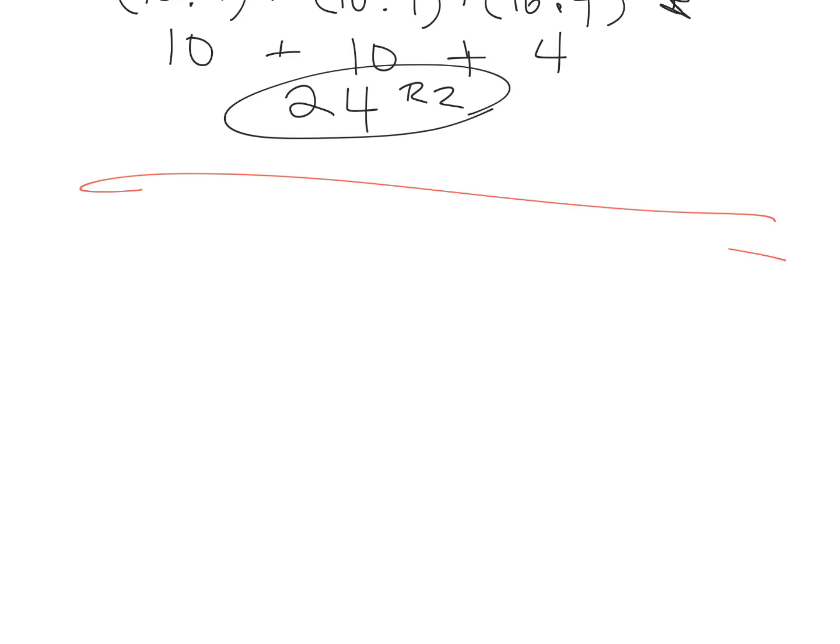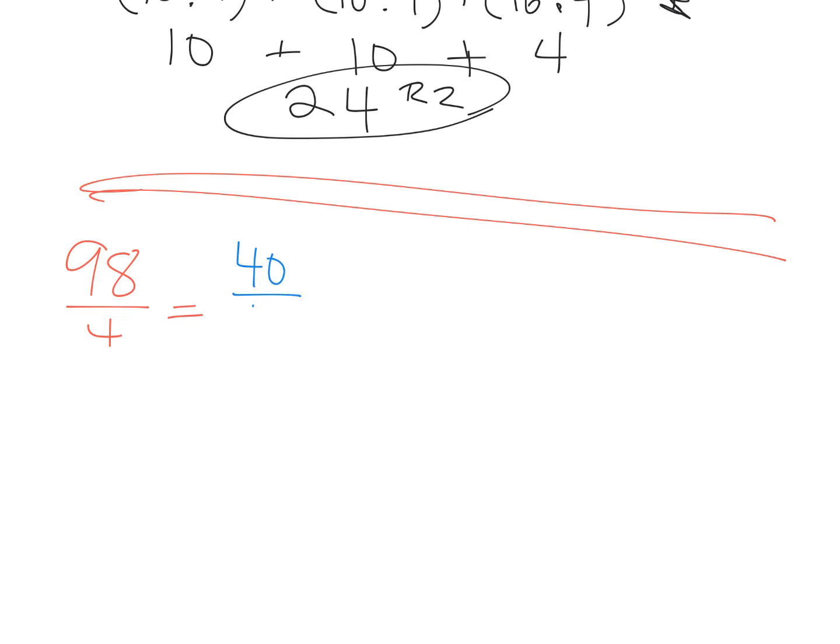In an upper grade, we might take 98 divided by 4, and we might represent it as, let's see, 40 over 4 plus 40 over 4 plus 16 over 4 plus 2 over 4. So if we added 40 plus 40 plus 16 plus 2, we would end up with 98.